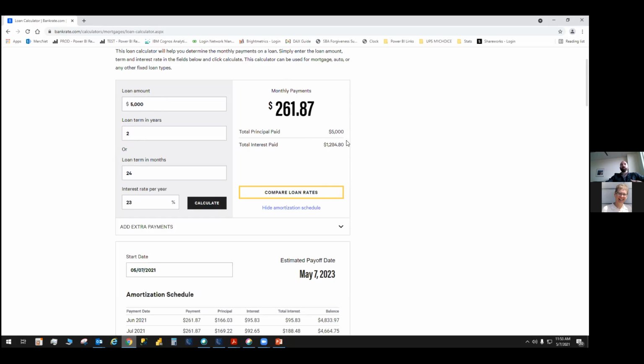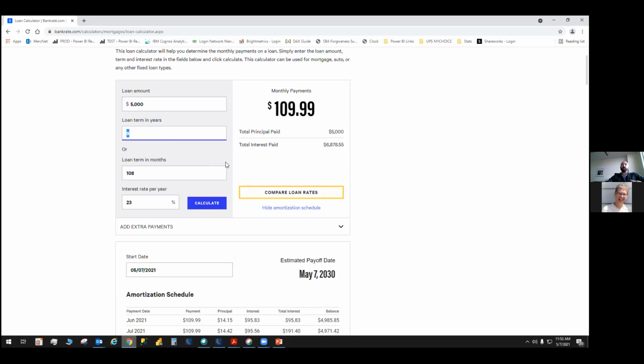I like that better personally. If I can budget for $261 a month, I'm paying far less interest over time, right? And the difference between 2 years and 9 years, jumping all the way up to $6,800, that's a lot of cash I could do something else with over that time period, right?